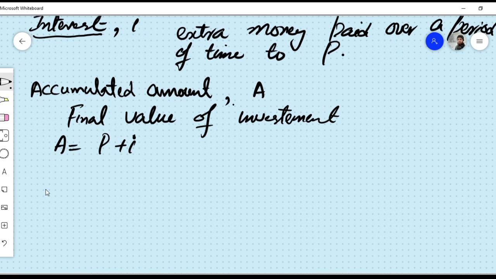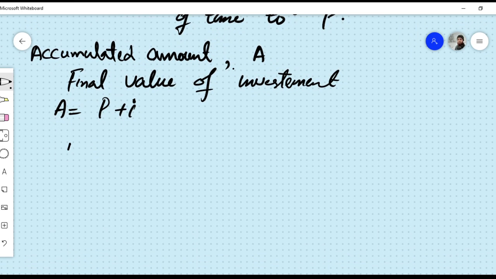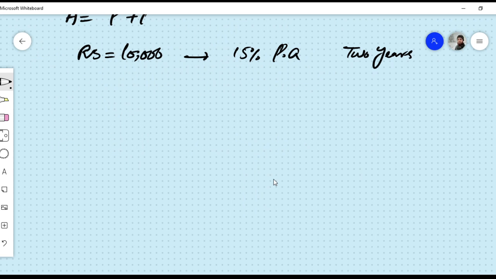Now we'll first learn how to calculate the interest. Suppose I deposit rupees 10,000 at the rate of 15% per annum, yearly basis, over a period of 2 years.